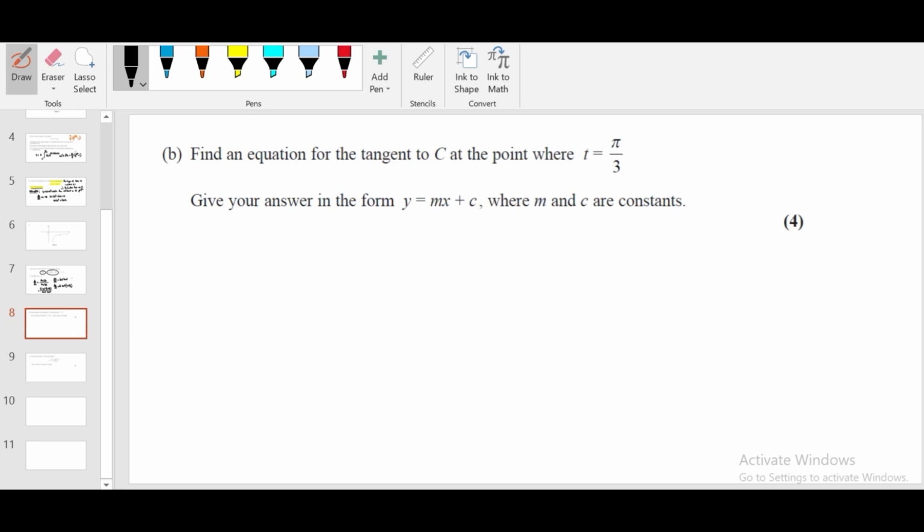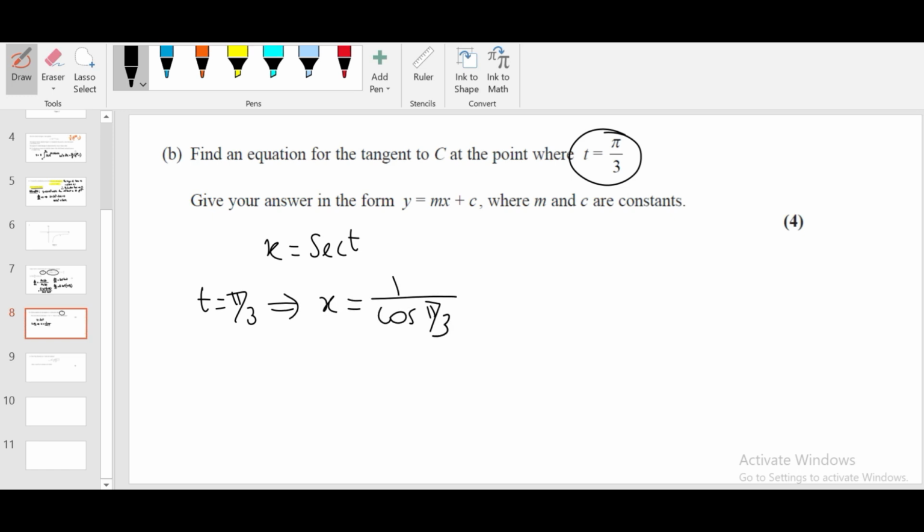To find the equation of the tangent, we need the slope and we need a point with x and y coordinates. So when you sub in t is equal to pi over 3 in x and y, you will get the x and y coordinates of the point. So x is secant t. When you replace t with pi over 3, x is equal to 1 over cos pi over 3.